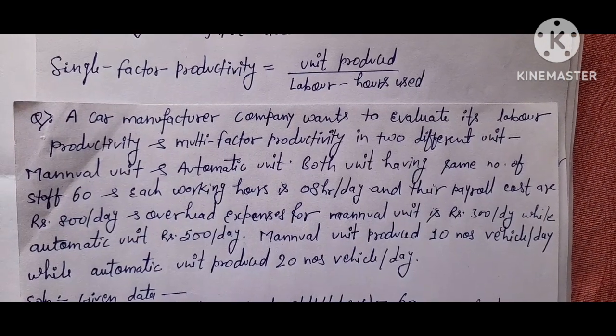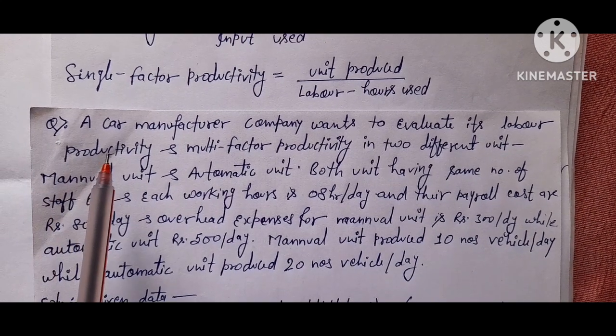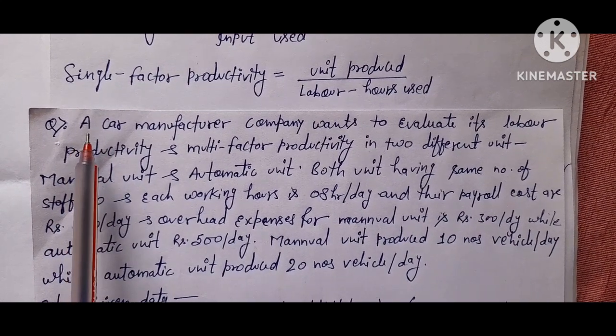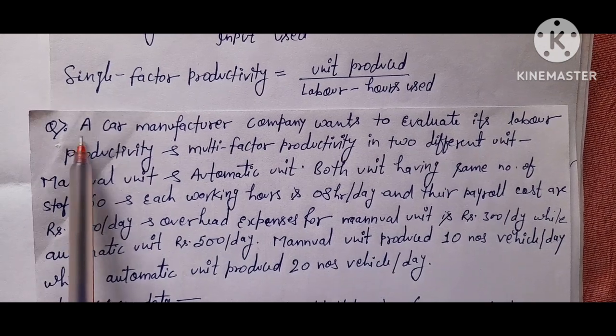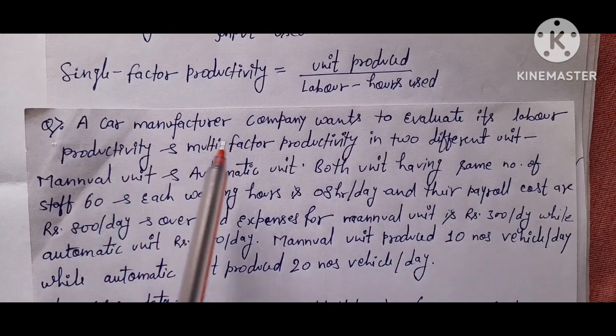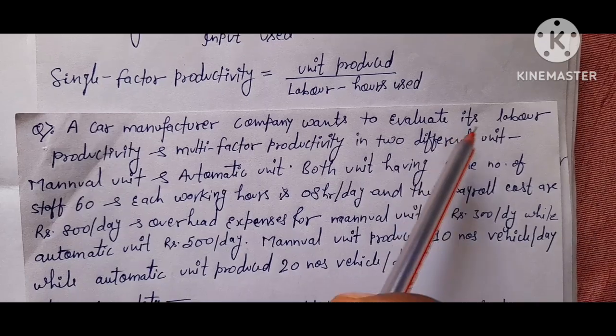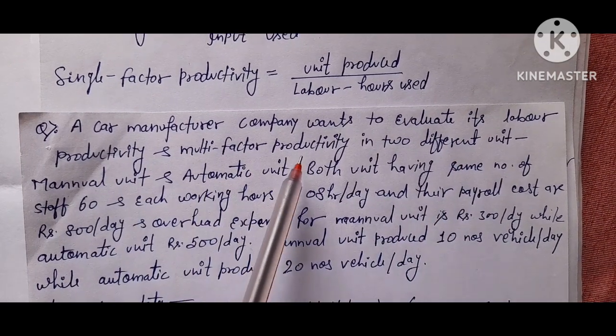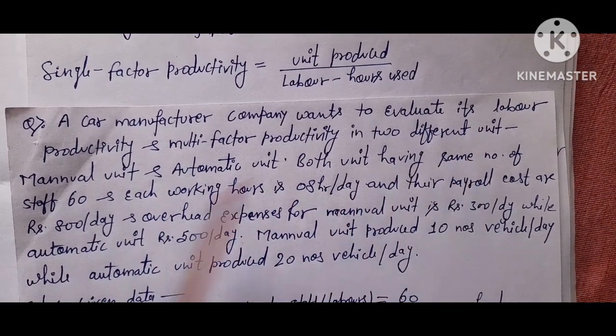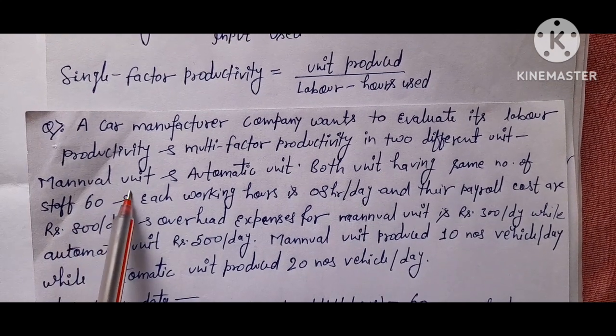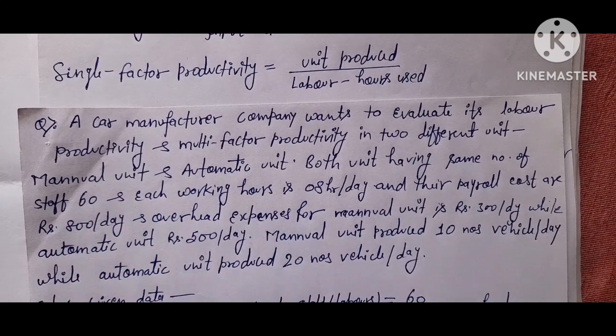So friends, for more clarity we use the formula with an example. The question is: a car manufacturer company wants to evaluate its labor productivity and multi-factor productivity in two different units. The first one is a manual unit and the second one is an automatic unit.